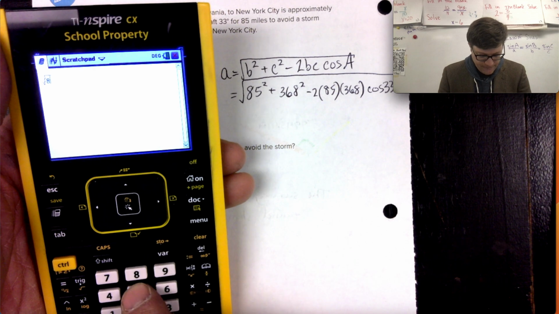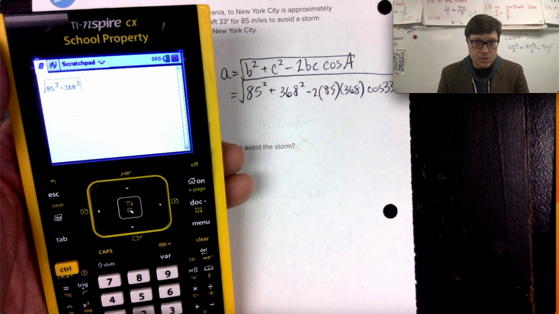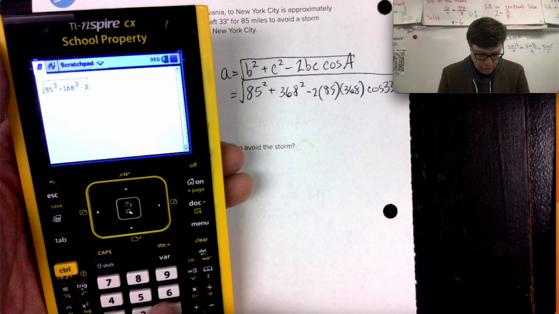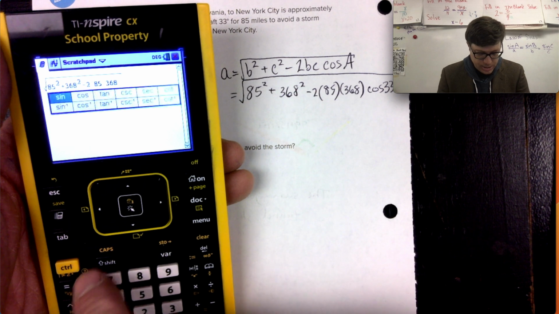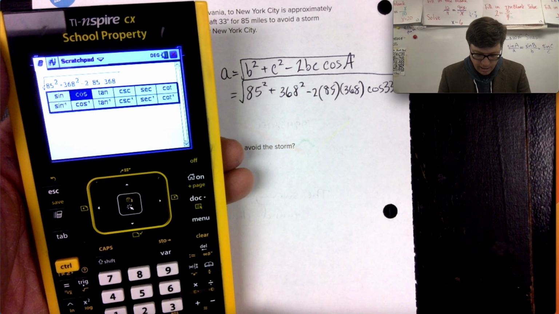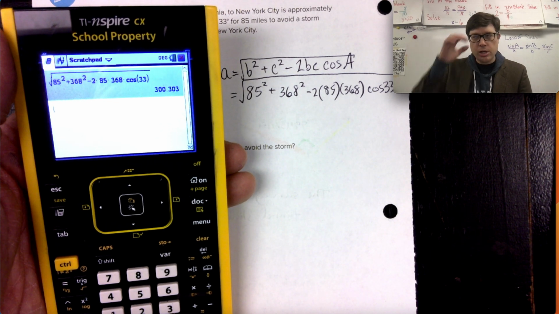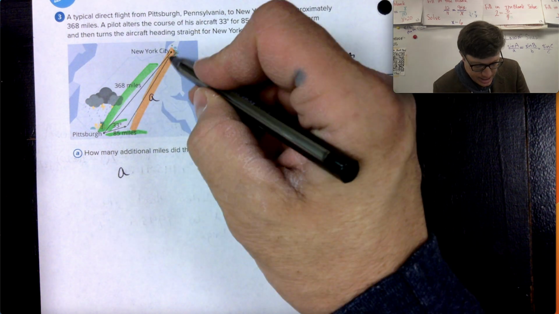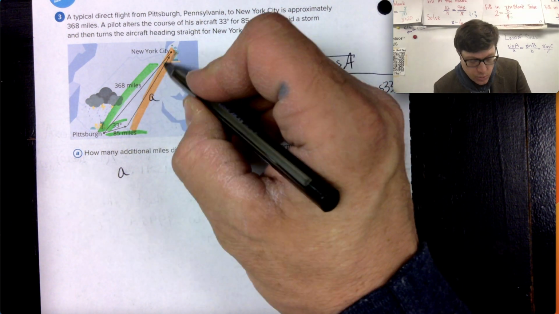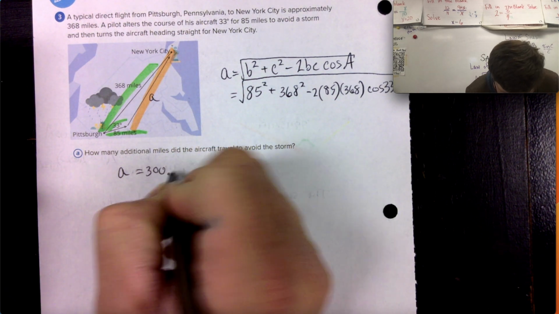Then I'm going to go 85 squared plus 368 squared minus 2 times 85 times 368 times the cosine of 33 degrees. We always want to use the acute angle measure, so 33 is less than 90. That means this distance right here is 300.303 miles.